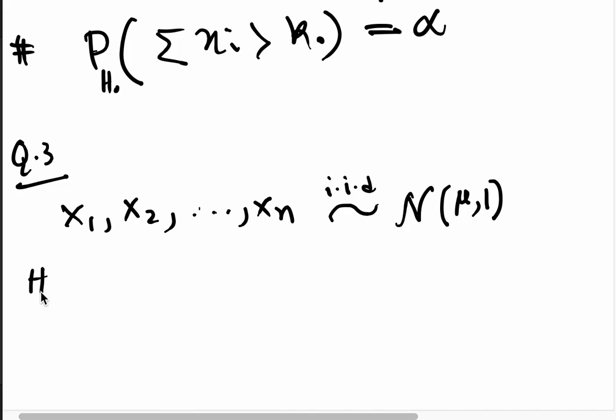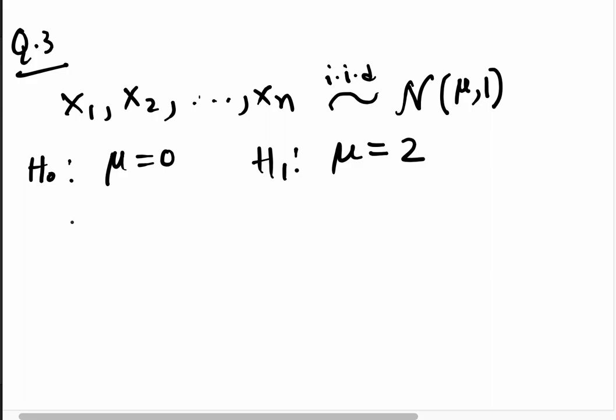And here the null hypothesis is mu is 0, and the alternative hypothesis is mu is 2.